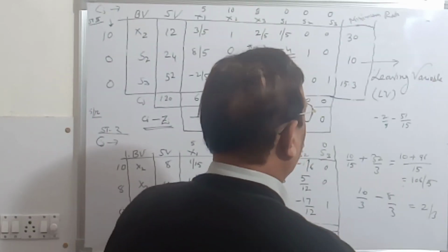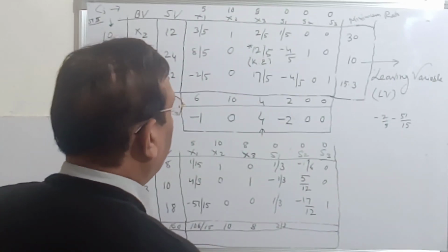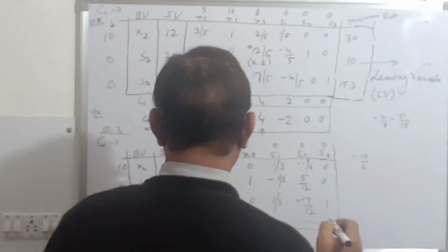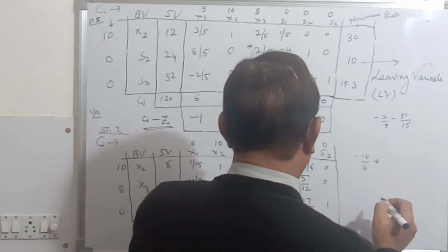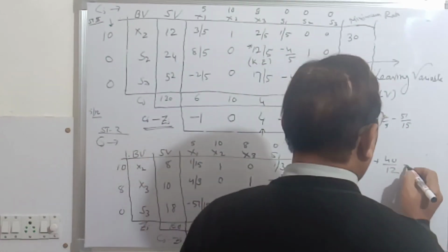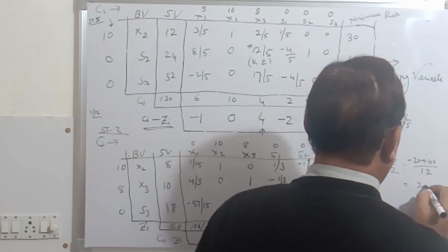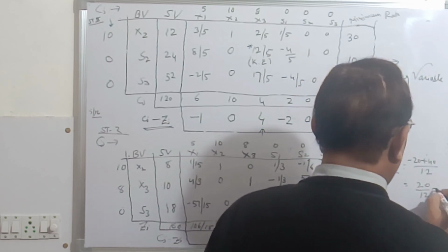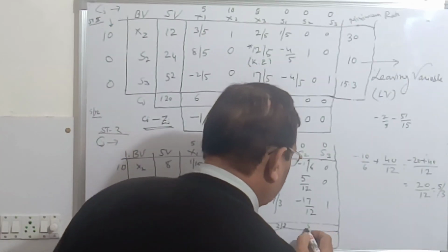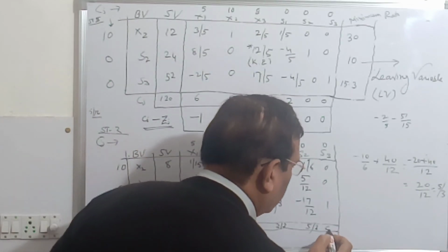Now this is 10 into 1 by 6 minus 10 by 6 plus 8 into 5 by 12, 40 by 12. So this is 0. This is 12 minus 20 plus 40 is equal to 20 by 12. You can write it the short way, 5 by 3. Here 0, 0, 0. So only 0.